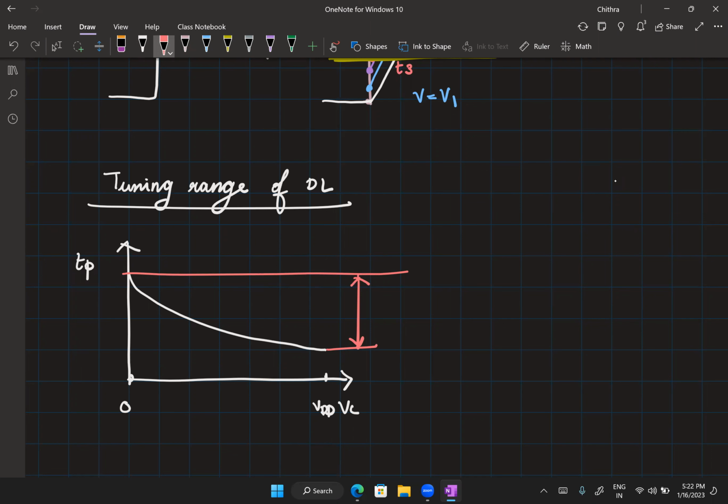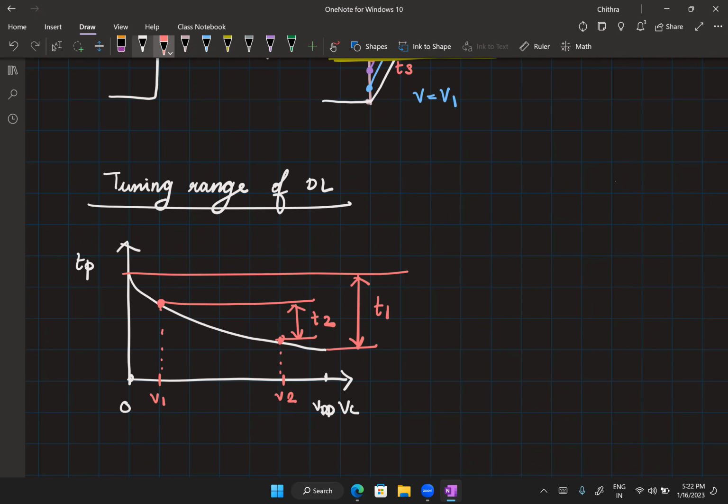Now, in a lot of cases, the moment you put this in the feedback loop, you will have some limitations on how much the VC can vary. It could be limited to a smaller range, let's say from V1 to V2. Right? So then the tuning range that you have now is smaller, and it will be this. So let me call this some T1, and then now the tuning range is smaller, it's some T2.